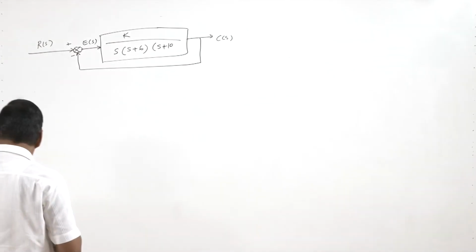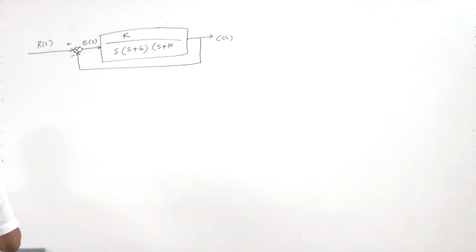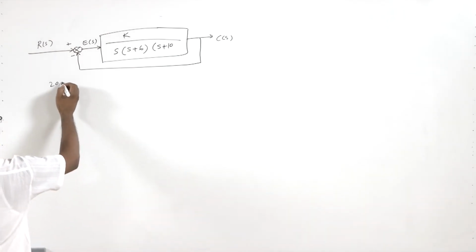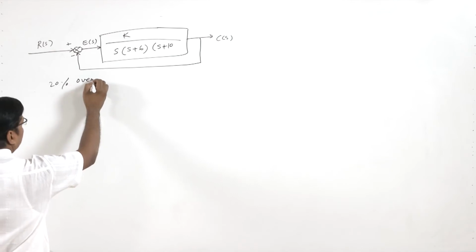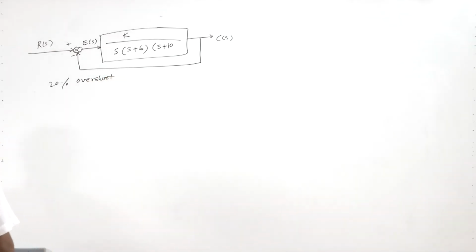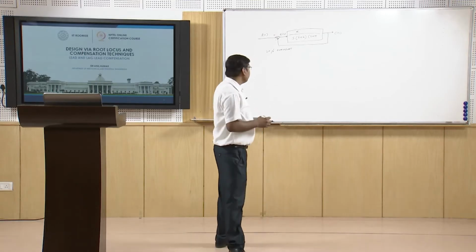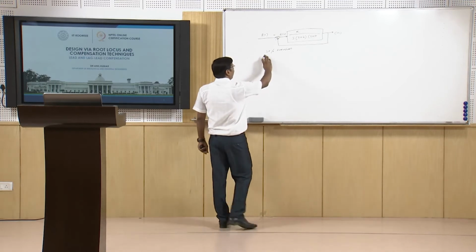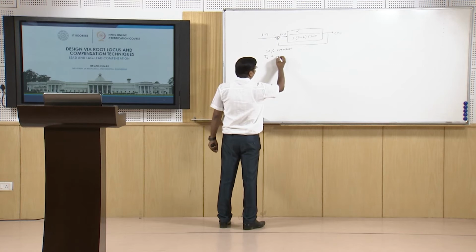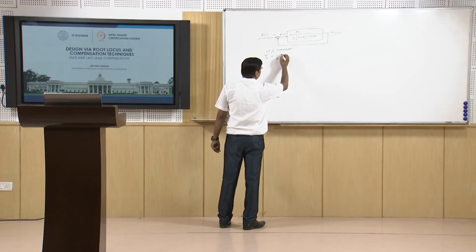So we have to design a lead-lag compensator so that we get the dominant poles at 20% overshoot, and the settling time is half of the uncompensated system.